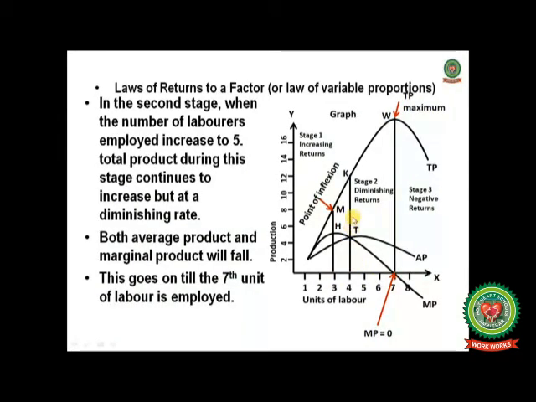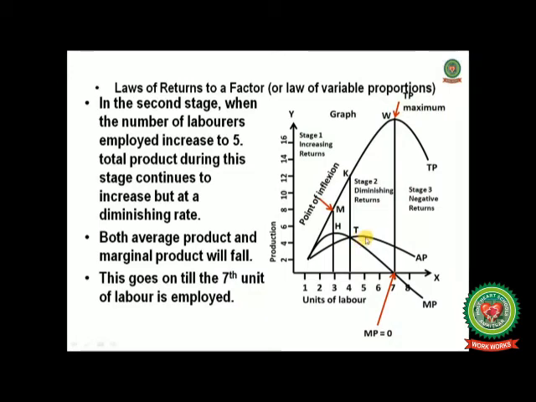In the second stage, this is the area of the second stage. The number of laborers is increased to 5 and the total product during this stage continues to increase, but at a diminishing rate, because AP starts falling, per unit production starts falling.